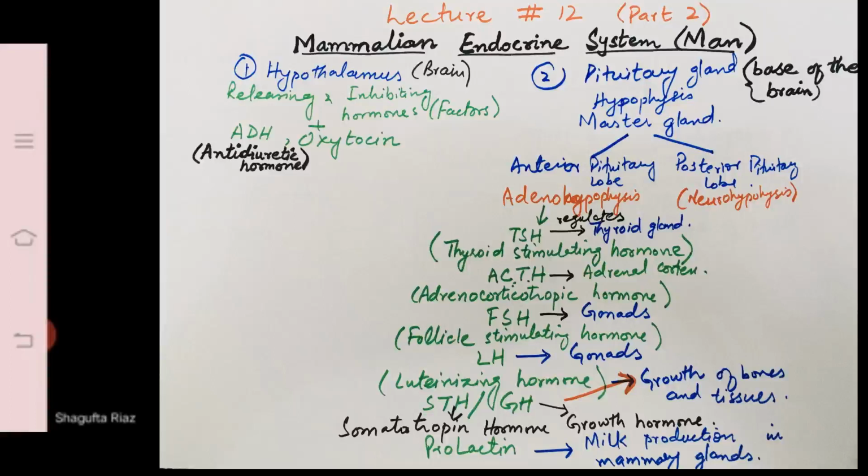So the pituitary gland is a pea-sized gland which is present where? What is the location of the pituitary gland? Base of the brain, the lower part of the brain, right?